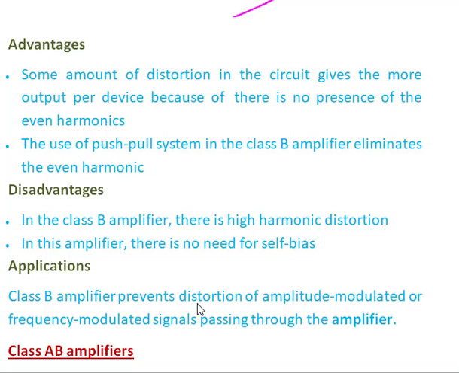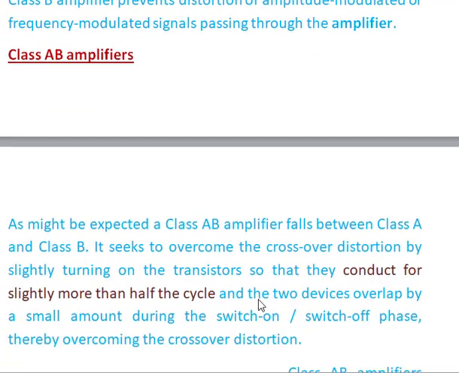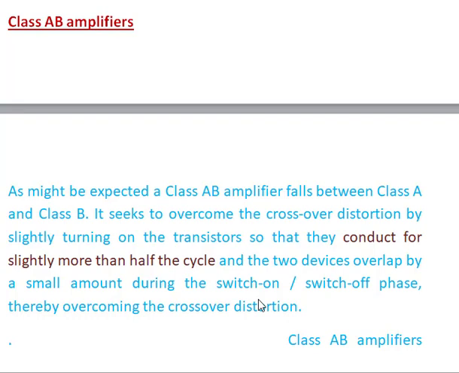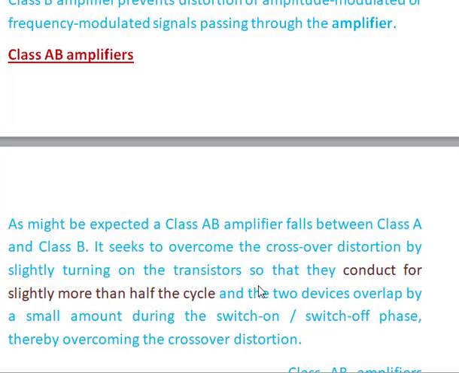So the product is known as amplitude modulated wave. In this amplitude modulated wave, some distortions appear. So this class B amplifier is used to remove or eliminate this type of distortion during the amplitude modulation and the frequency modulation.